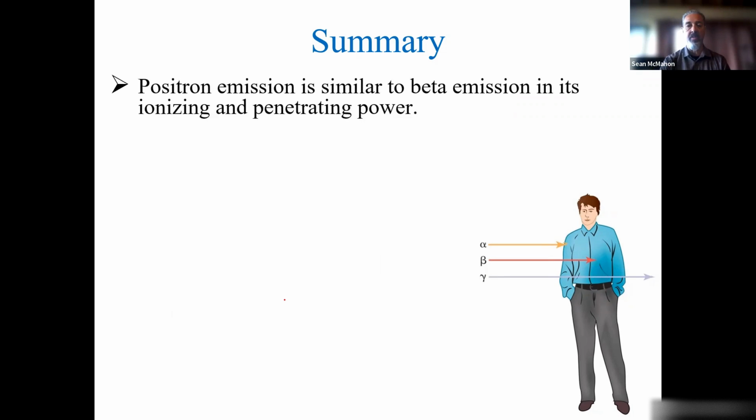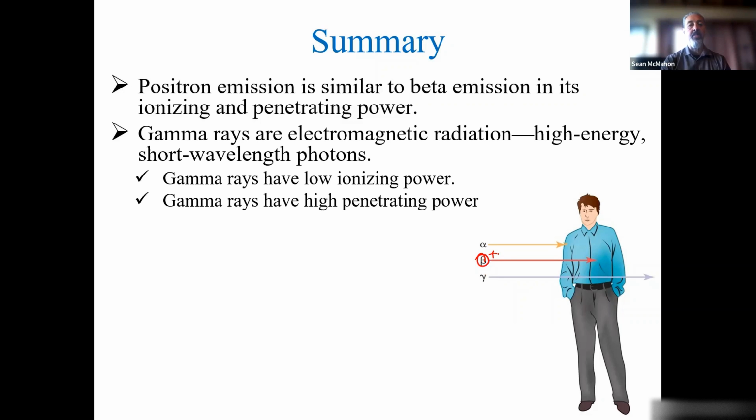Positrons are similar to beta emission. Usually for a positron emission, when they show the beta, they just put a little plus sign because it's positive instead of negative. That's the only difference. But the other one is the gamma ray. The gamma ray has very low ionizing power, but it's so small, it can go right through you.